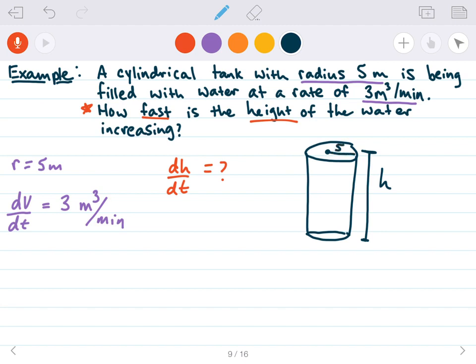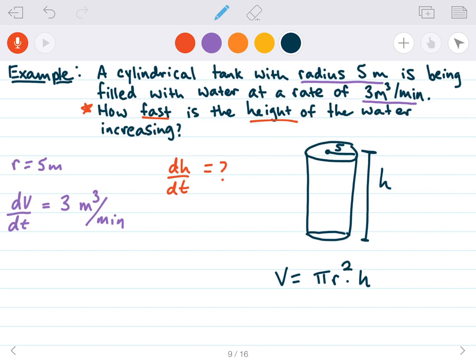Now, the volume of a cylinder is going to be the area of the base. The base is a circle, so it's just pi r squared times the height. All right, so here is my relationship between volume and height. I'm in a good place so far.